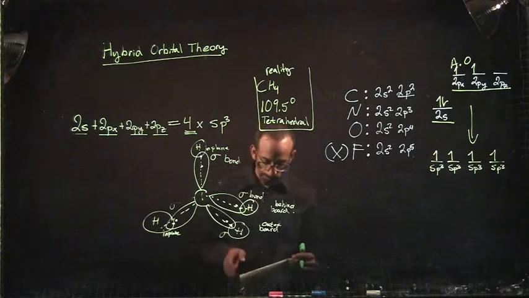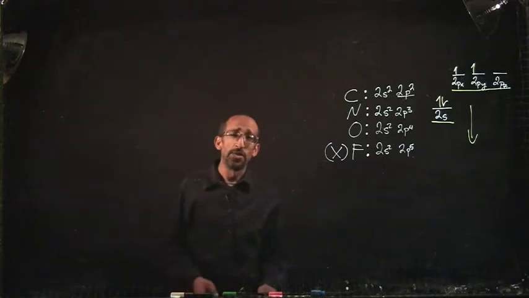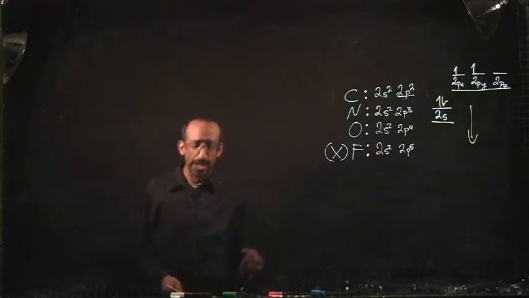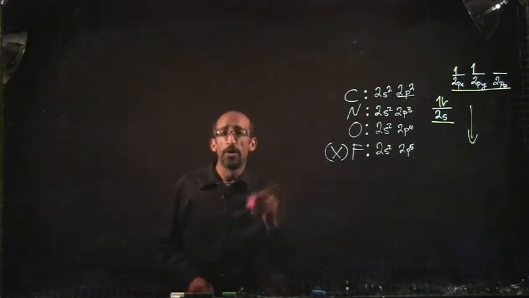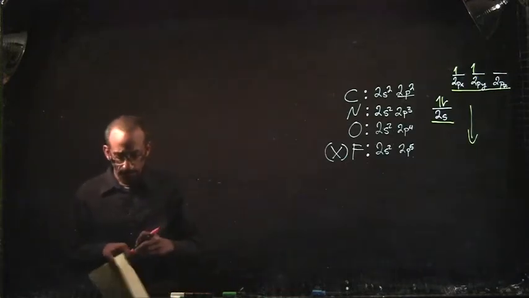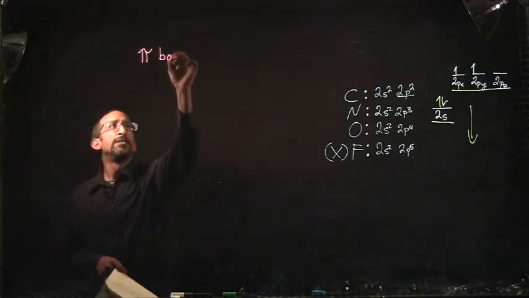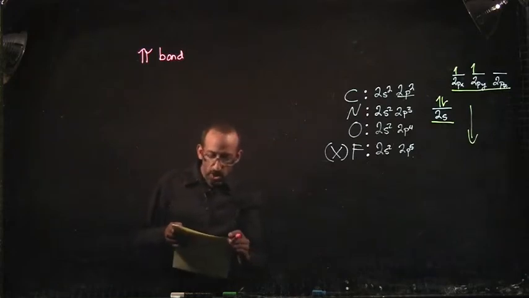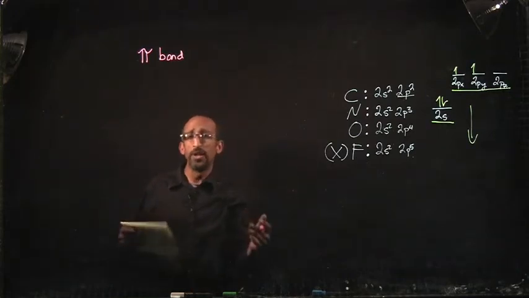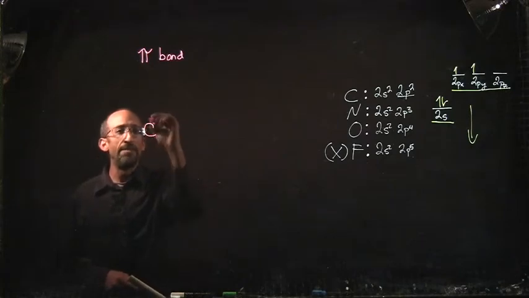So now that we've seen the sigma bond and it's allowed us to introduce our sp3 hybrid orbital set, we need to consider a second type of bond, which is known as a pi bond. A pi bond is a bond that's formed by the overlap of two p orbitals. We're going to just start by taking a look at what that means.